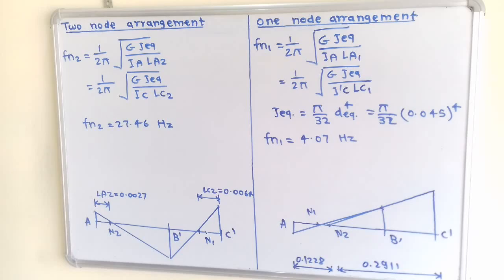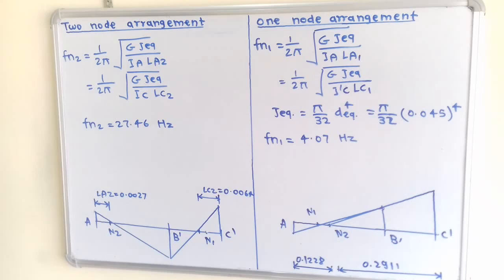J equivalent is the polar moment of inertia for the shaft, and it is calculated using the formula pi by 32 D equivalent raised to 4, that is equal to pi by 32 into 0.045 raised to 4. Now here for the one node arrangement we have to take the distance of the node point from the rotor A.